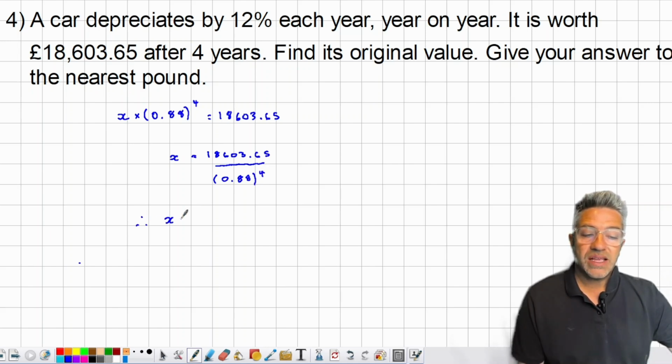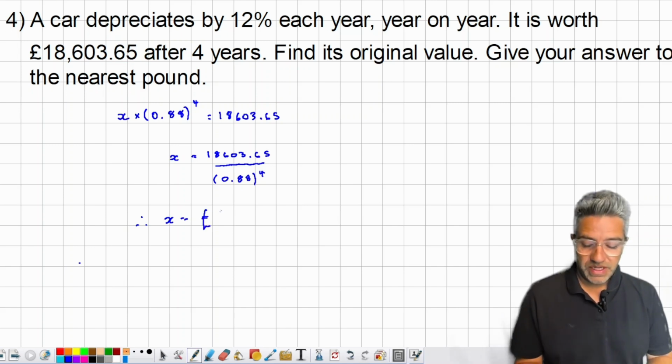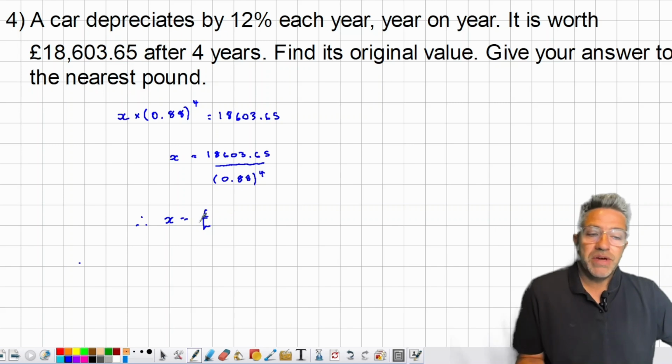Therefore, x equals, and like I say, you'll certainly need a calculator at this point, but let's plug it in: £18,603.65 divided by 0.88 to the power 4, execute. Now, I'm going to give my initial value to 2 decimal places because it's money.